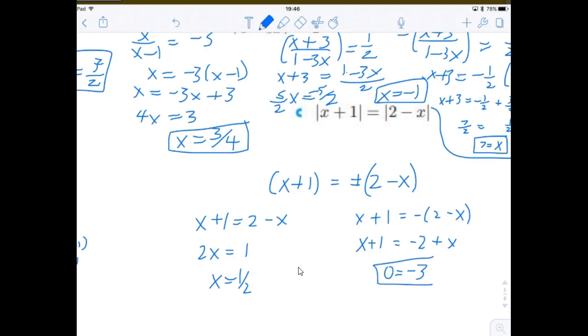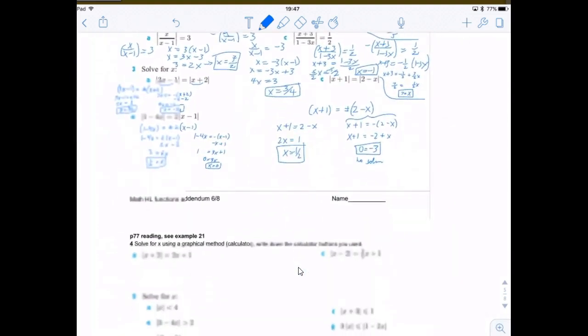Okay, so this is impossible. So if we are in this scenario, there are no additional solutions, okay? So the only solution there is x equals 1/2, in the case where the absolute value does not take effect in either case. Okay? So that's it for page 5.